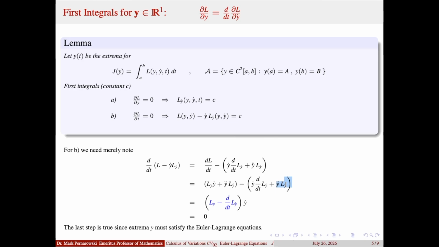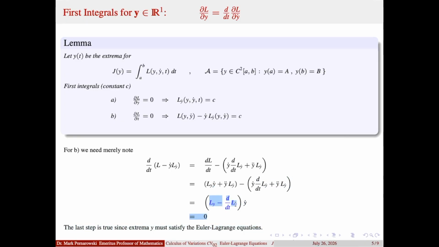They cancel. And what you're left with is something times L sub y dot and a different thing here times y dot. So writing that out explicitly, cancel, you get L sub y minus d by dt of L sub y dot, all times y dot. Well, this thing is exactly the Euler-Lagrange equation.